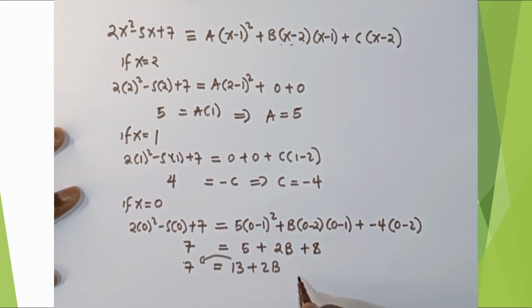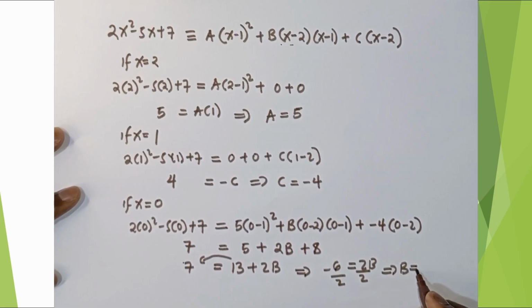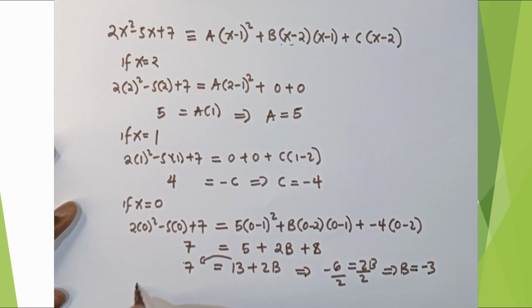This one coming this side, we shall have negative 6 equal to 2b. Dividing through by 2, we have b as negative 3. So after having a, b, and c, remember I have a as 5, I have b as negative 3, I have c as negative 4.